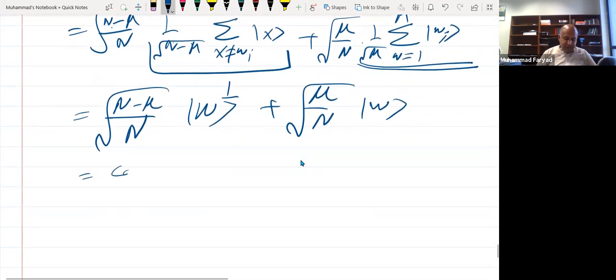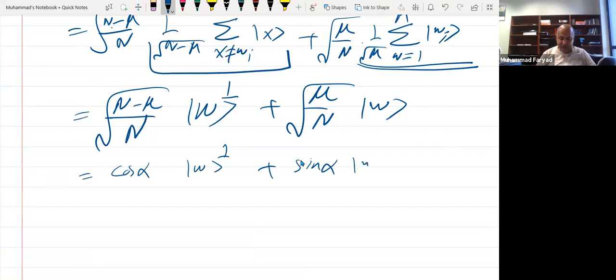I can define this as cosine alpha and this as sine alpha. Now sine alpha is mu over n.